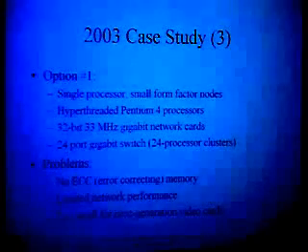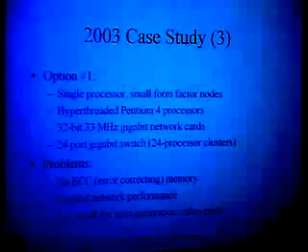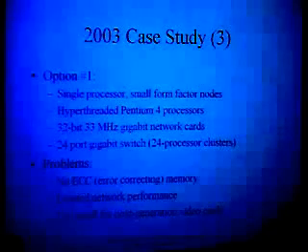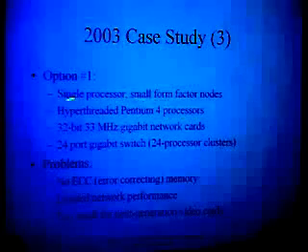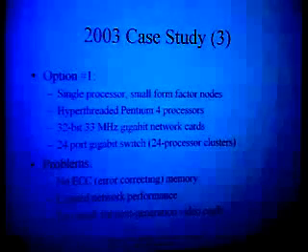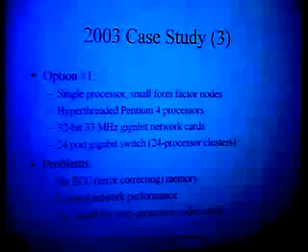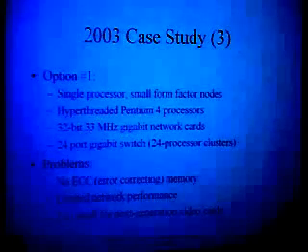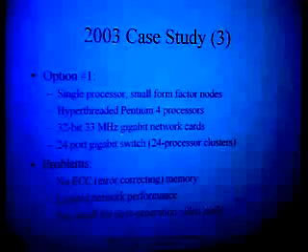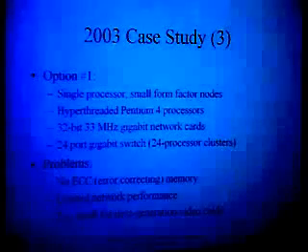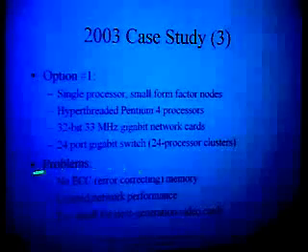So the first option that I looked at, and I really liked this, was, well, if we get those small form factor nodes with a single processor in them, and maybe get hyper-threaded P4s, which were absolutely the fastest processors that we can run NAMD on using the Intel compilers today. But they only have 32-bit PCI slots, so we'd only be able to put together a 24 processor cluster.